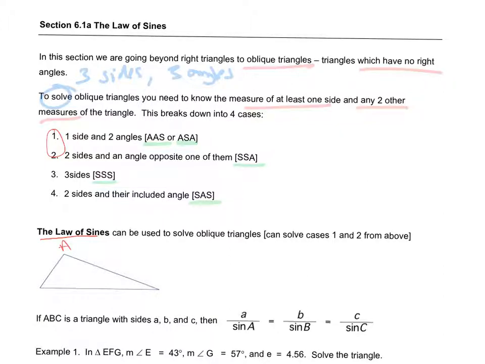So if we label a triangle and we call the vertexes angles A, B, and C, and our sides are going to be lowercase a, b, and c, where lowercase a is across from angle A, lowercase b is across from angle B, and side c is across from angle C, then the relationship that we will see is that the length of side a divided by the sine of angle A is going to equal the length of side b divided by the sine of angle B, which is also equal to the ratio between the length of side c divided by the sine of angle C.